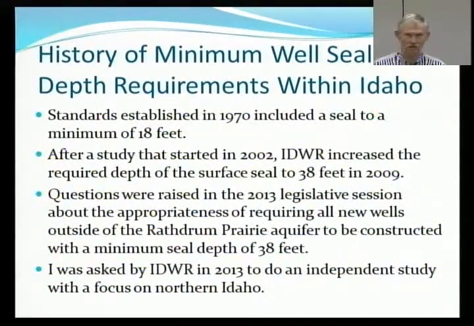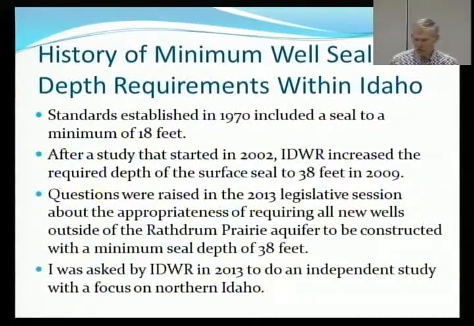Now recognize that public wells are regulated with a minimum seal depth of 58 feet as required by the Idaho Department of Environmental Quality. You may wonder why we come up with 18 feet and 38 feet and 58 feet. Well casing comes in 20-foot lengths approximately, and 2 feet of stick up above land surface gives you, 1 stick gives you 18 feet, 2 sticks gives you 38, and 3 sticks gives you 58 feet.